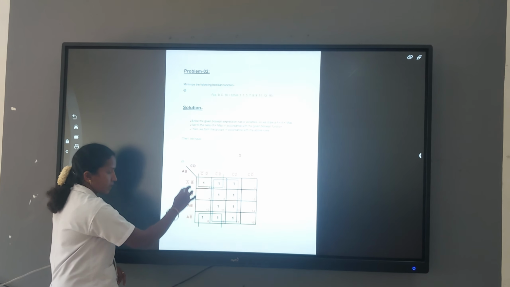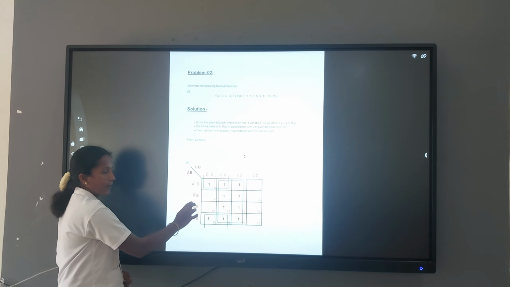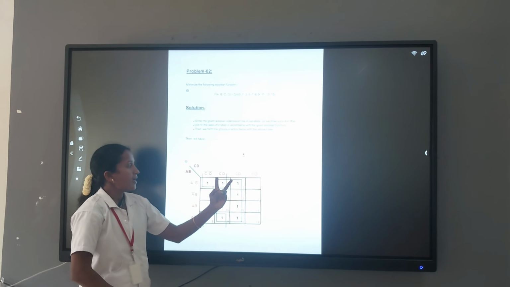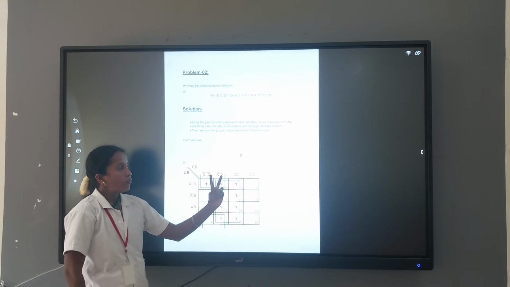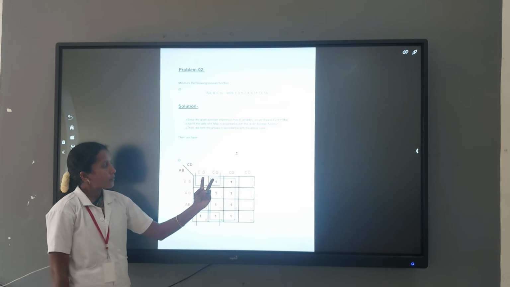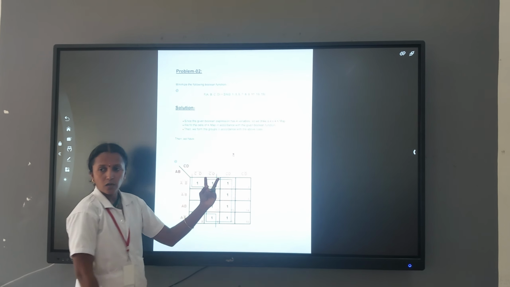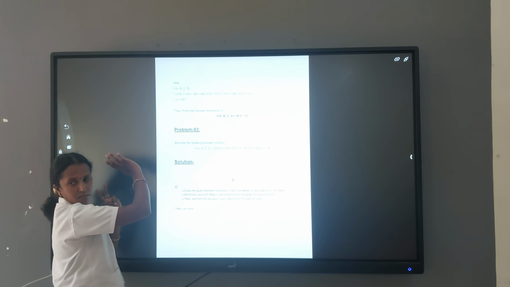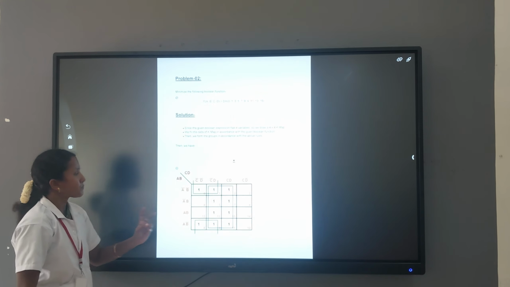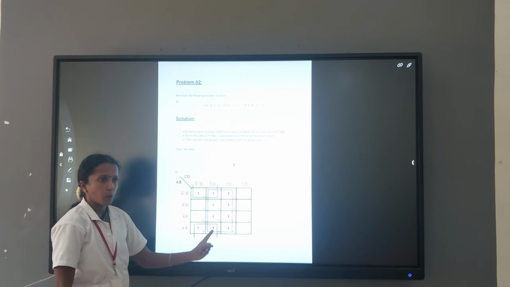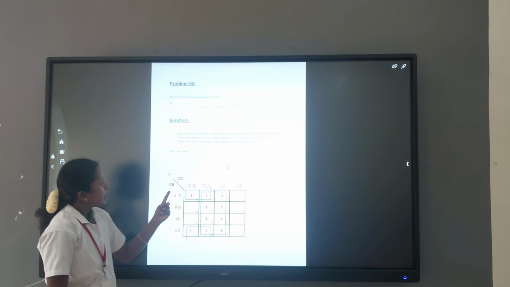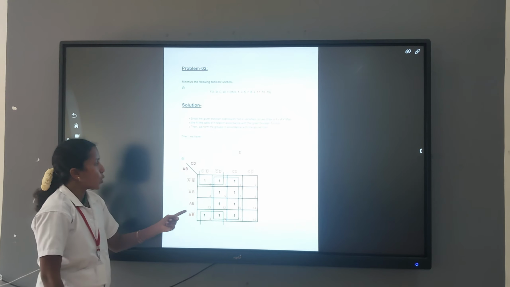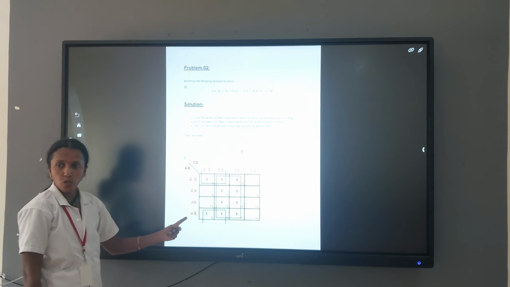From this B side, A bar B bar, A bar B, then A bar, everything is vanished. So remaining C bar D and C. Which variable is found here? Here common is B. So first expression is B. Next, these 2 ones: column wise C bar B bar and C bar B, and row wise A bar B bar and last row A B bar.